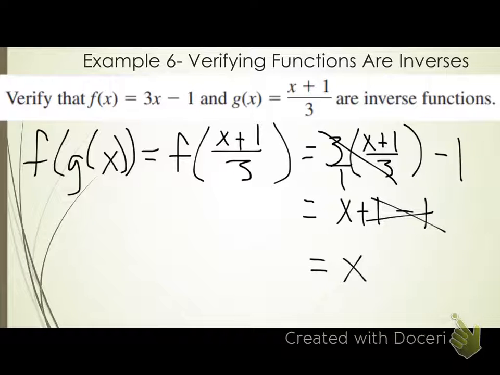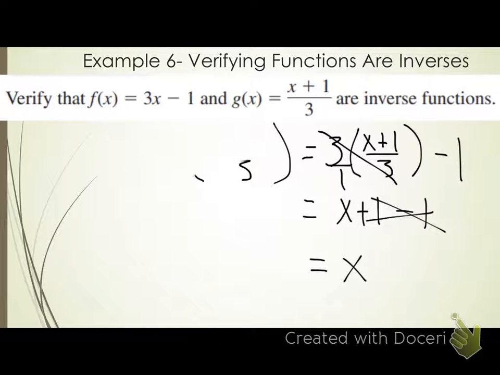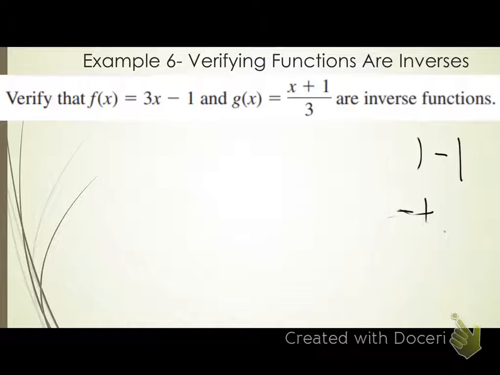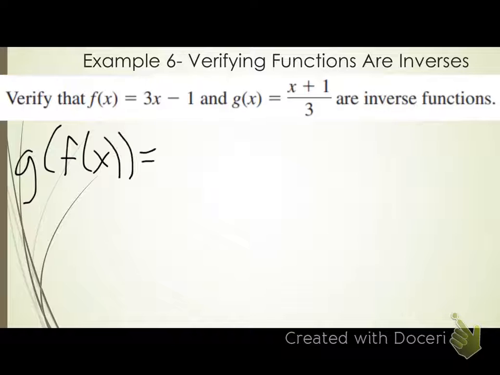Now what do I need to find? G of f of x. What does f of x equal? 3x minus 1, so I can replace my f of x with 3x minus 1.